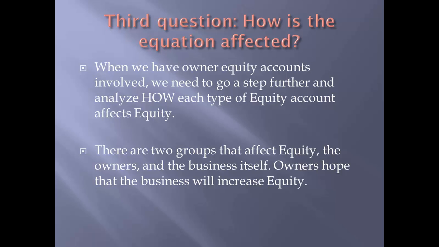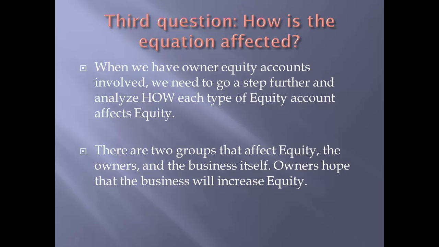But now when we get down to the third question, we have some owner equity accounts, and when we take a look at increases and decreases, we're going to have some owner equity accounts that increase equity and some that decrease equity. And so we have to look at, are they not increasing the account, but are they increasing equity, when we go to answer that question?